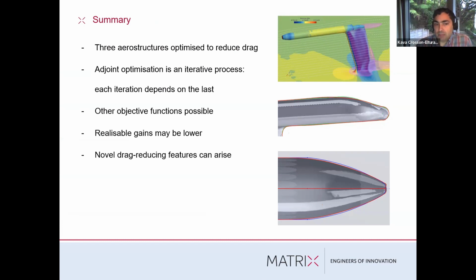And interesting, novel, drag reducing features can arise, which I find the most intriguing of all, kind of interpreting and speculating about what effect those might have and possibly applying those ideas to other types of structure. Found that quite interesting.